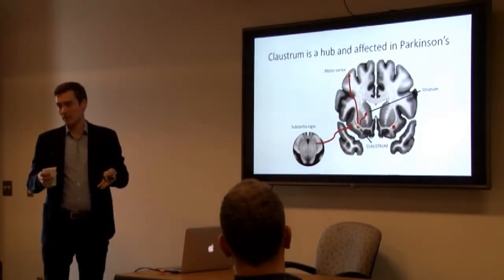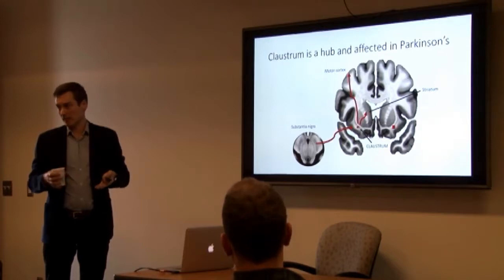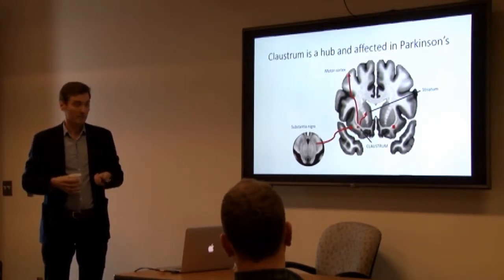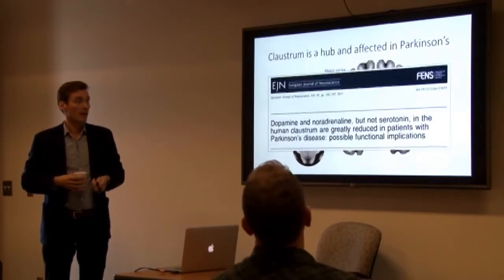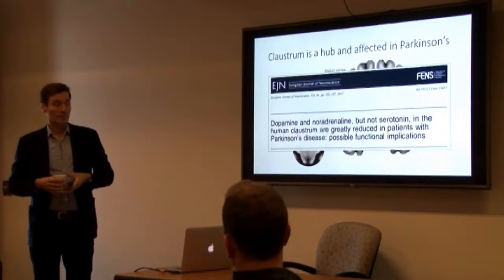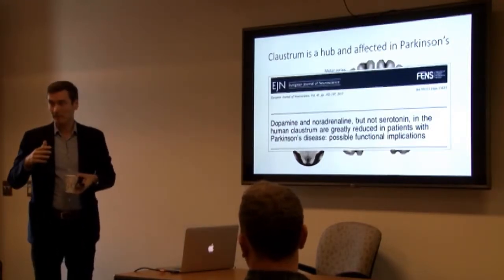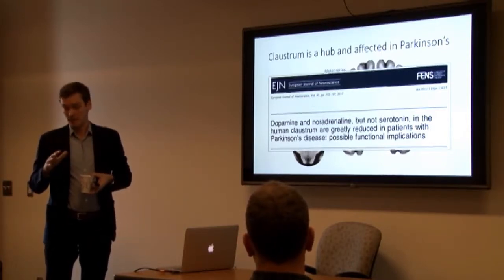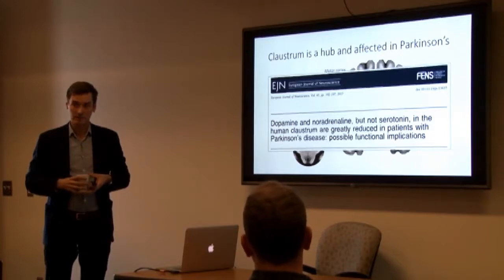So the claustrum is actually a hub in the motor system and connected to all relevant structures that have been implicated in Parkinson's. So in the end, I think it actually makes sense that we localized Parkinsonism here. And there's one recent study showing that there are severe dopamine and noradrenaline depletions in the claustrum in patients with Parkinson's disease.